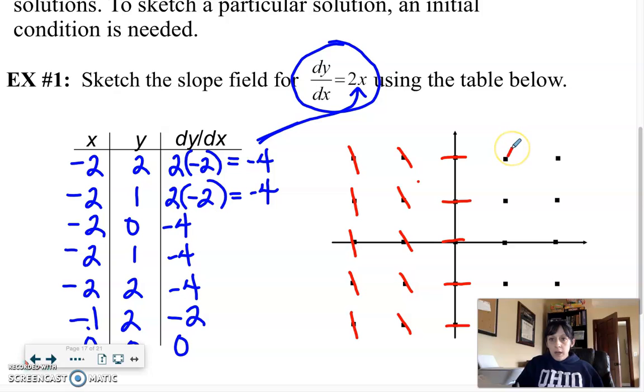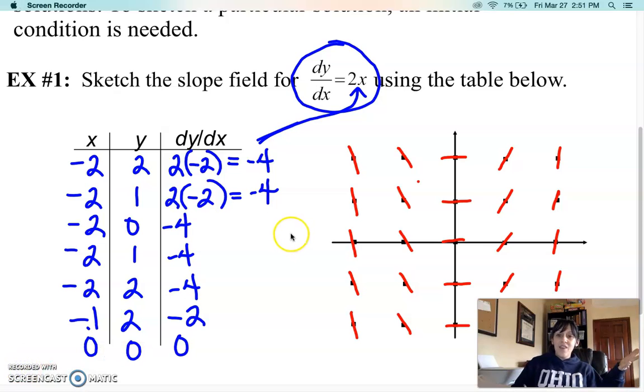So I need a little line that's a positive slope, about the same steepness as this guy, but obviously in the positive direction. And then the last one is x values of 2, which would have a slope of 4. And so it needs to be, again, a positive little line segment, but about the same steepness as the -4s.